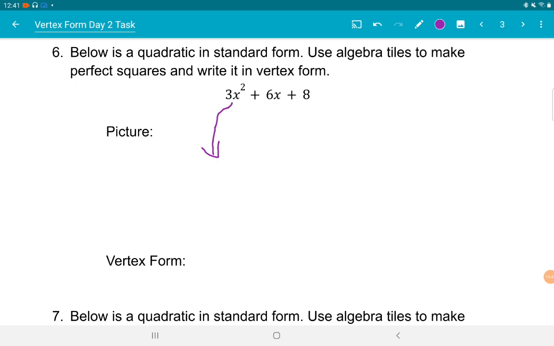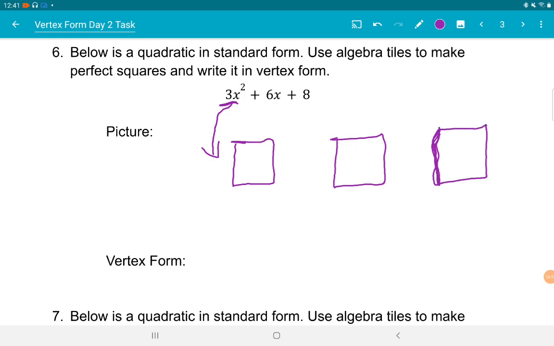Now, where we have a 3x squared, that's going to give me 3 of these x squared squares, okay? Of these x by x squares, okay? What we're going to do is we're going to make 3 perfect squares on this one, okay? Now you'll notice to make our squares, we have 6x in the middle.